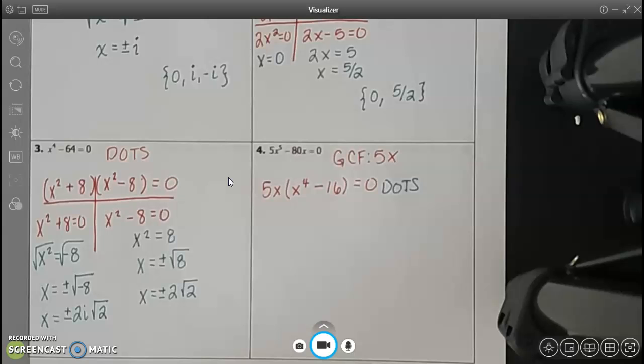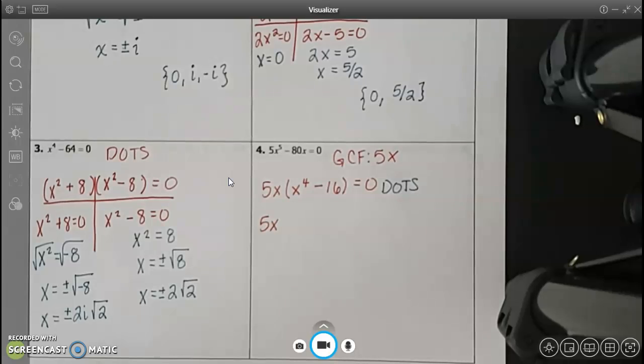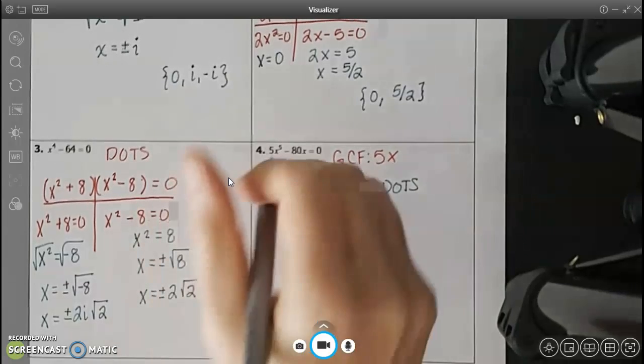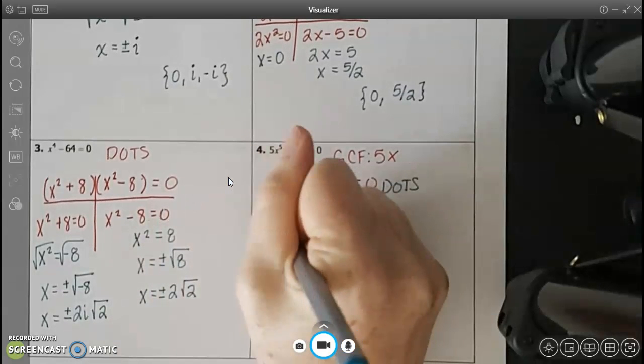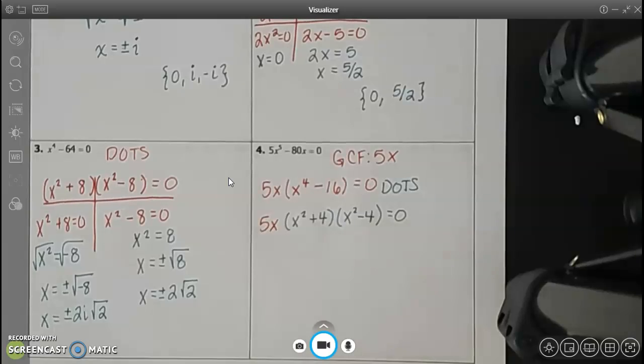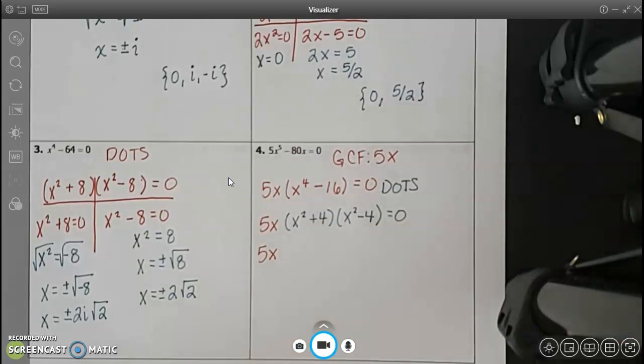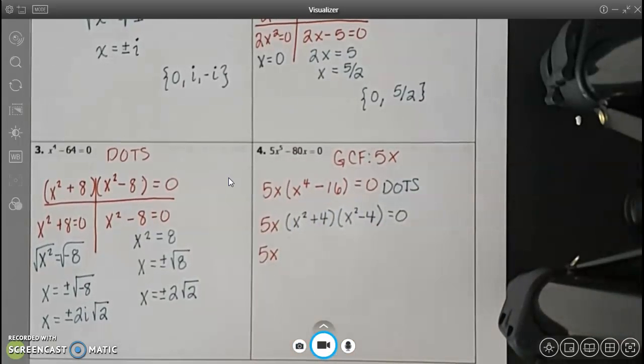Then I have x squared plus 4 times x squared minus 4. Now notice we have a difference of squares one more time with x squared minus 4, so I will factor that again.